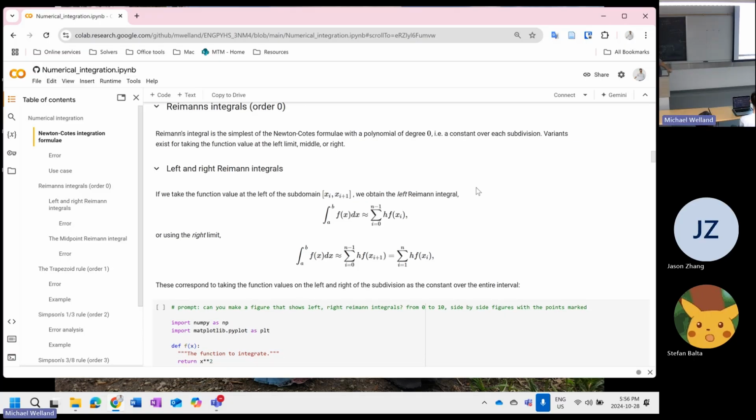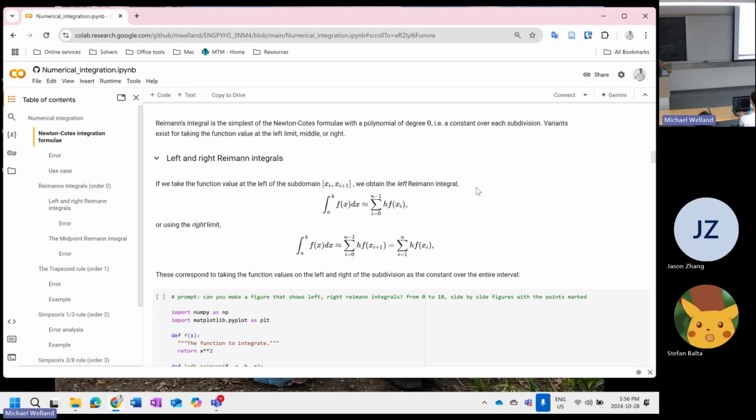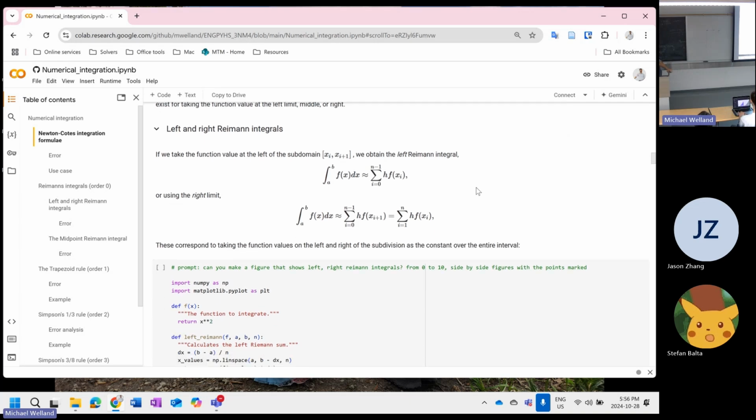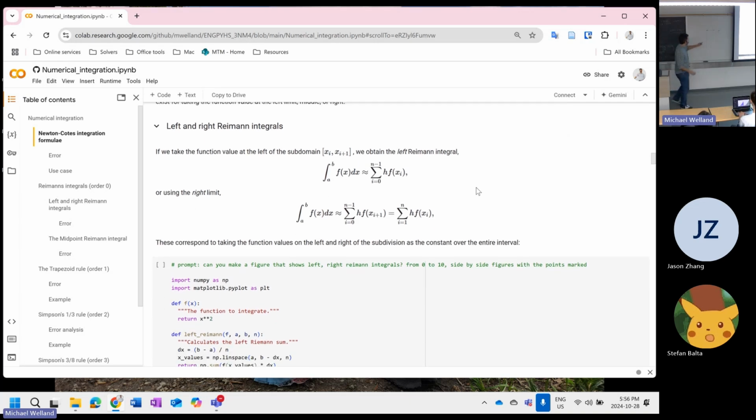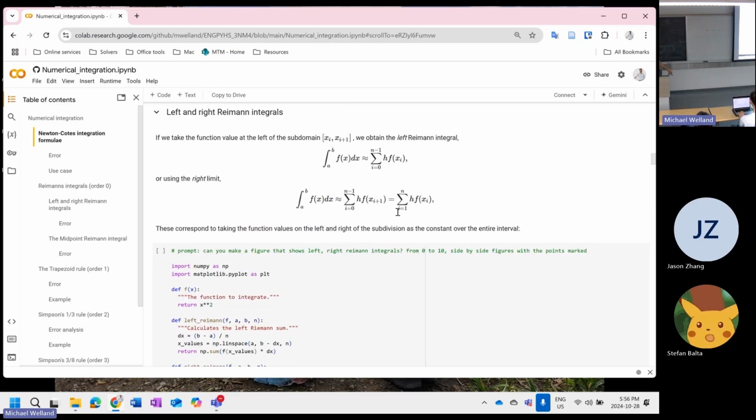Beginning at the simple answers are the left and right Riemann integrals. Basically, we're taking the function value at either the left side or the right side of the interval, saying that it's a constant along there, and then the area is just the constant times the width. Pretty straightforward. Here are the formulas.